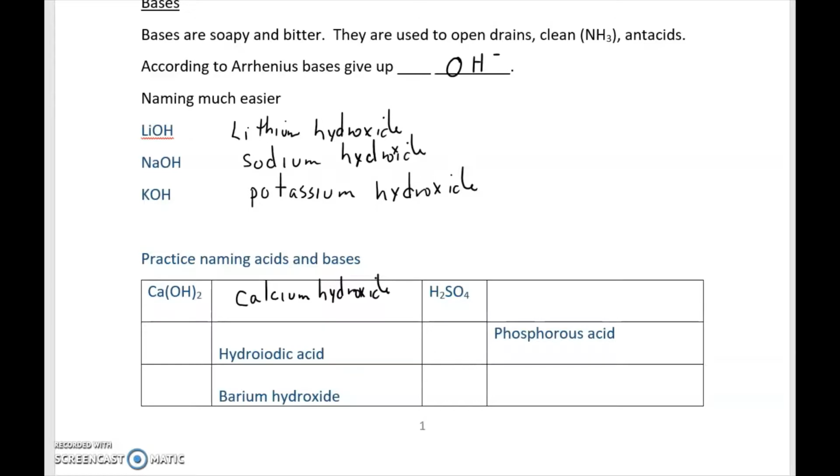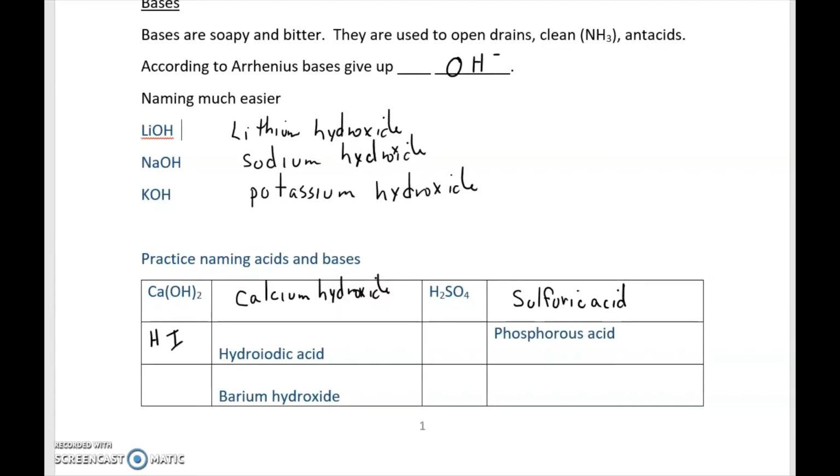This is sulfuric, and so it's sulfuric acid. Here we have hydroiodic acid. That's hydro, so it's an acid, and it's got iodine.